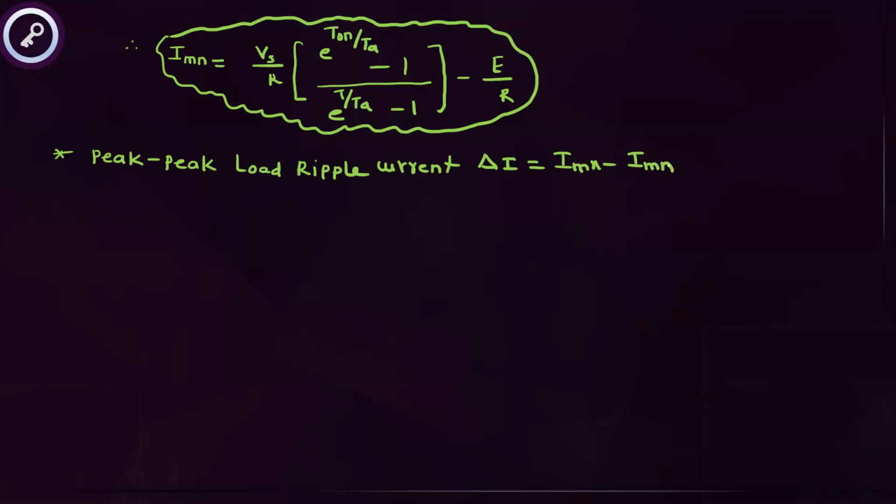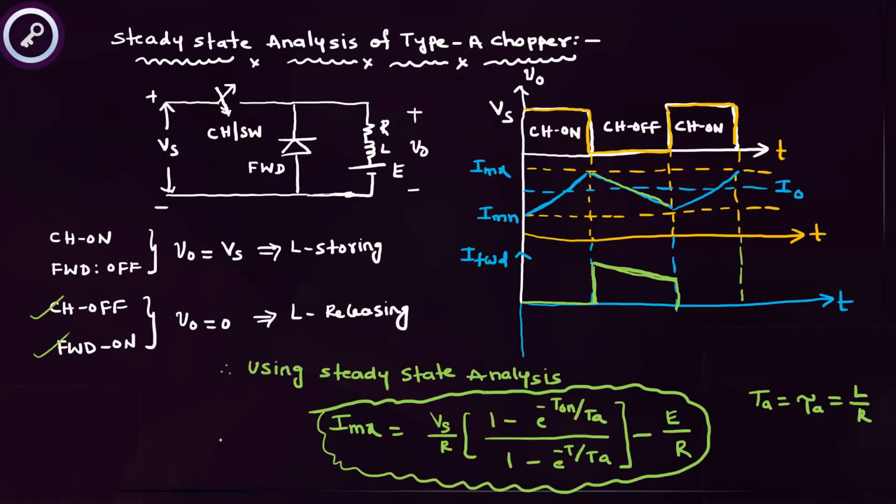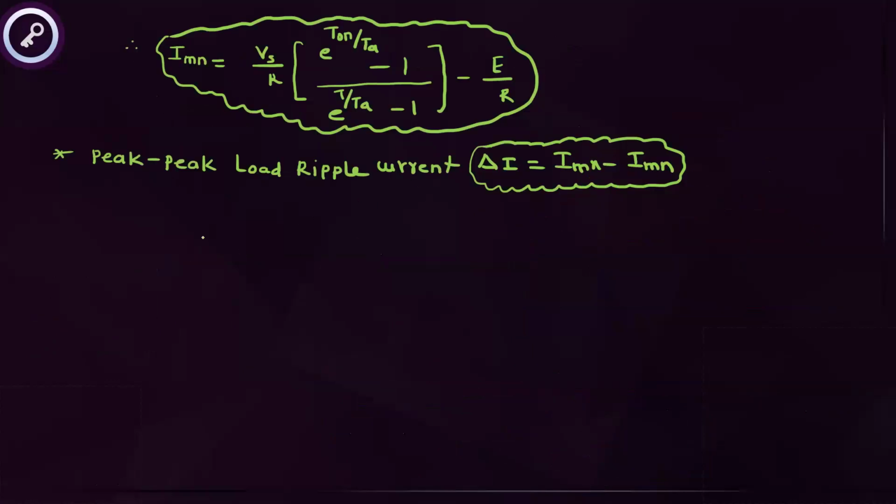This is the peak to peak ripple current. Then you have to simplify: substitute the I maximum value and the I minimum value. I'm not giving the derivation, directly I'm writing.